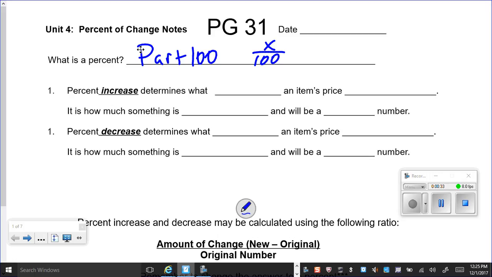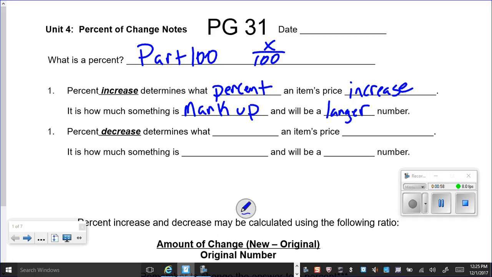All right, percent increase is pretty straightforward. It determines what percent an item's price will increase. This is often called the markup. And when you have a markup, the total number after the percent increase will be larger than the number you began with.